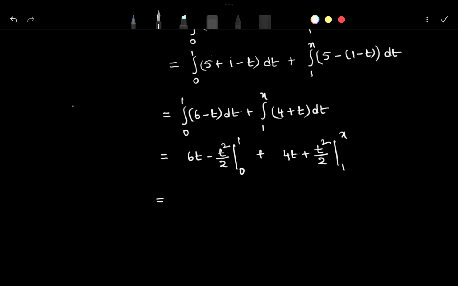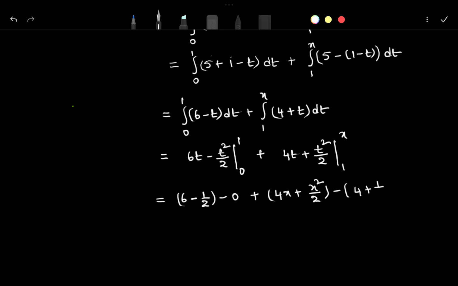Now first of all you substitute the upper limit: 6 minus 1 by 2, minus the lower limit, that value will be 0. Plus here it will be 4x plus x square by 2, minus 4 plus 1 by 2.